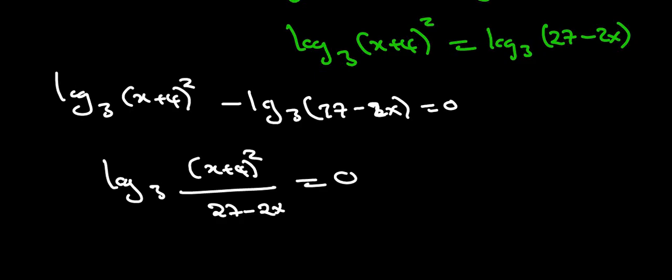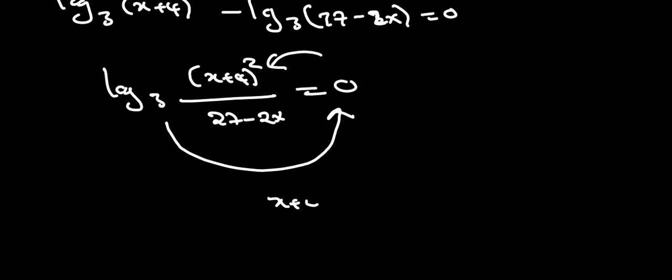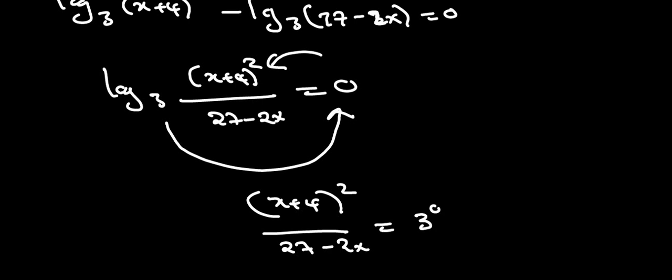We have this. Then from here, we change this from being a logarithmic expression to exponential. So we say 3 to the power 0 is equal to this. So we have (x plus 4) to the power 2 over 27 minus 2x is equal to 3 to the power 0, which is a 1, by the way.